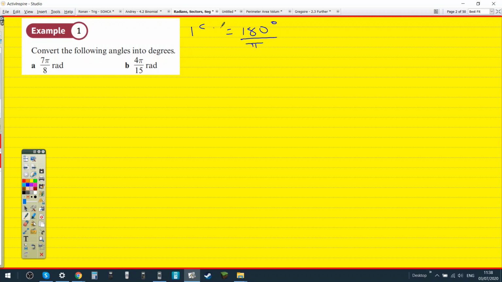And we use that half. Let's see. So we have to convert this. So let's say pi over 180 would be equal to 1 radian. Okay, so how do we convert 7 pi over 8 into degrees?